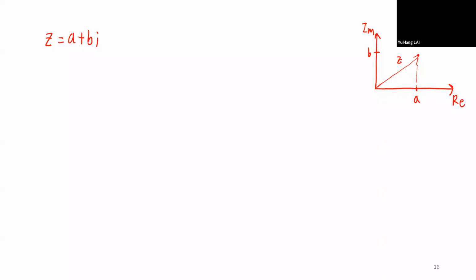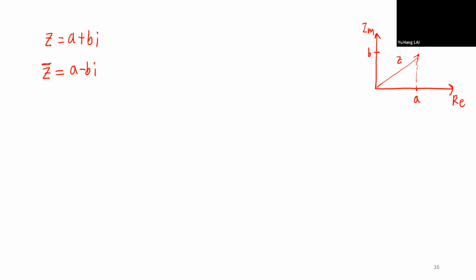But before going to that, I want you to remember another concept that we are going to use, the so-called conjugate. If z is a plus bi, the z conjugate, which is z bar, is a minus bi.